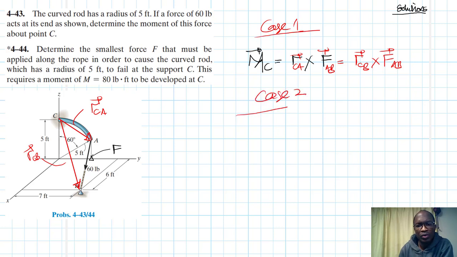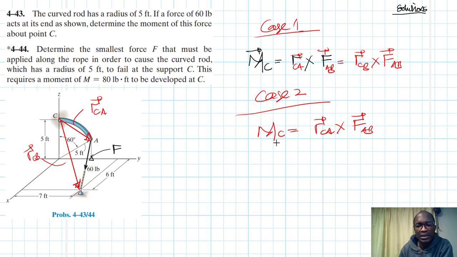In case 2, we have been asked to find the smallest force that must be applied so that this rod fails, and we've been given the failure moment, which is 80 pounds-feet. Again, this is the same thing, just MC, the moment about C. Let's say we have picked RCA as our lever arm, then cross FAB.